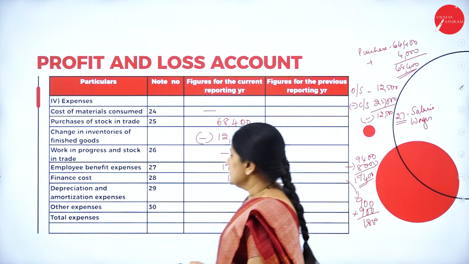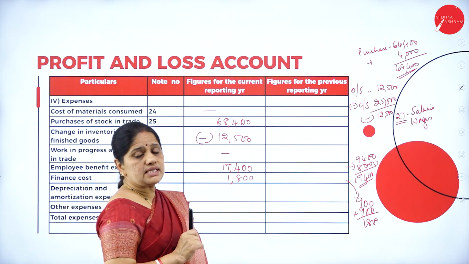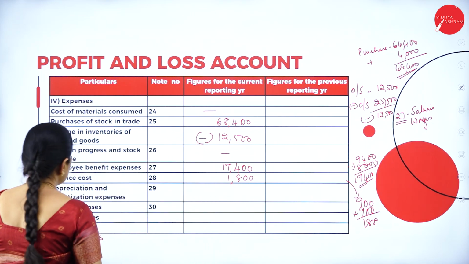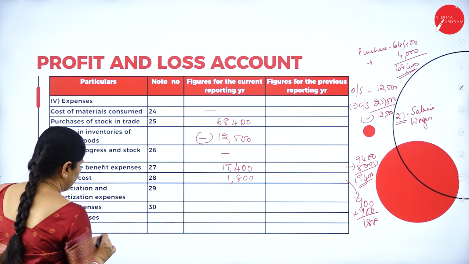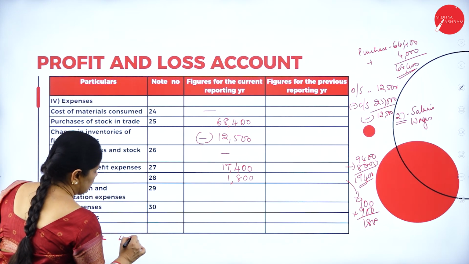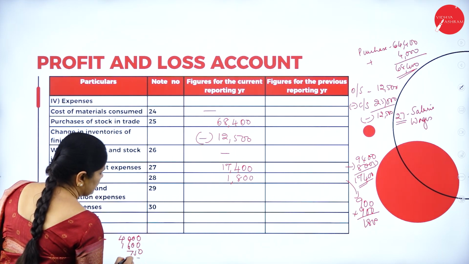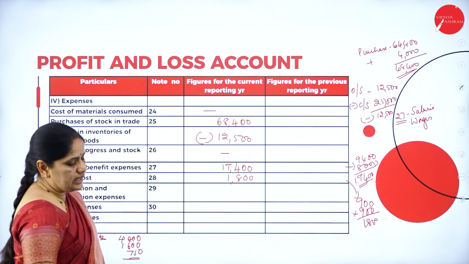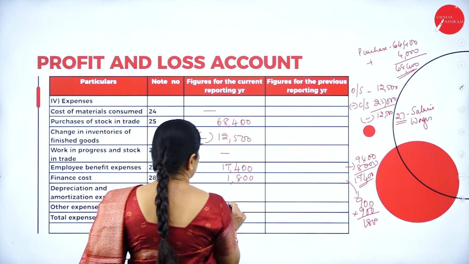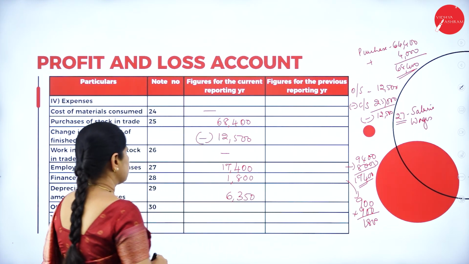Depreciation on machinery is 4,000. Building is 1,600. Discount on debentures 750. So this will be 4,000 plus 1,600 plus 750. So total it will come up to 6,350 rupees.